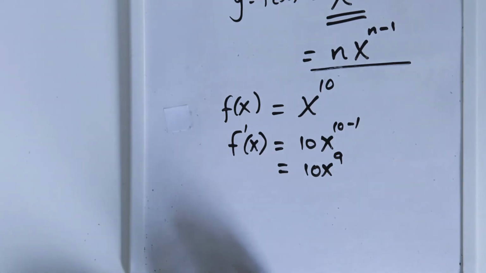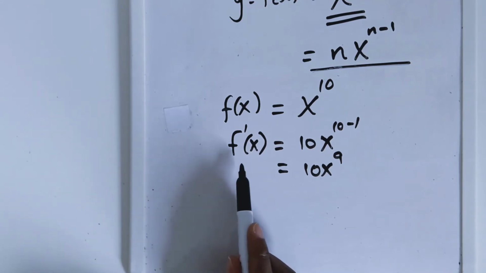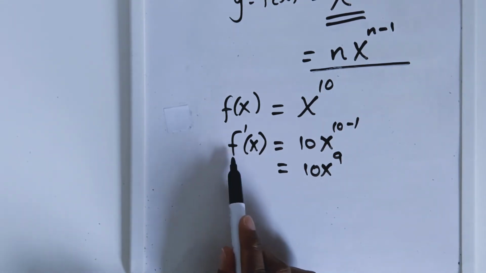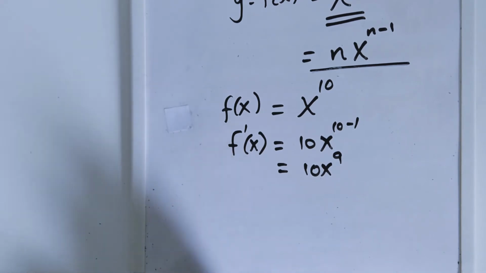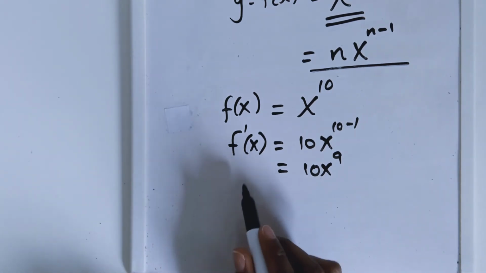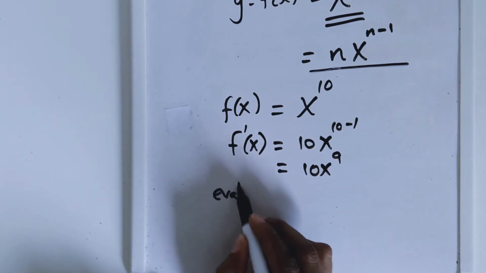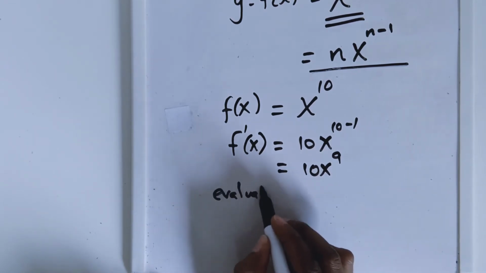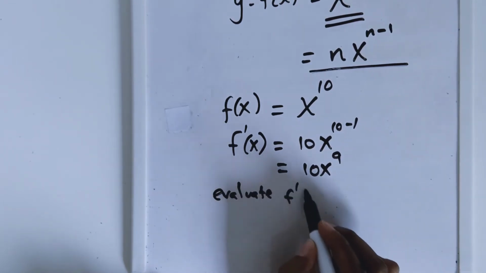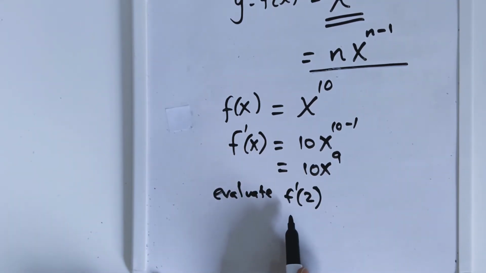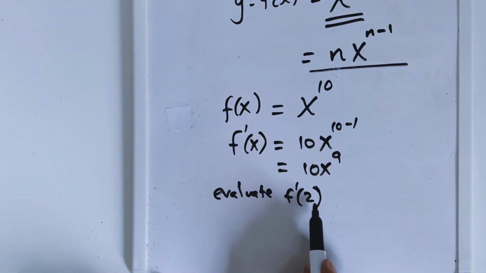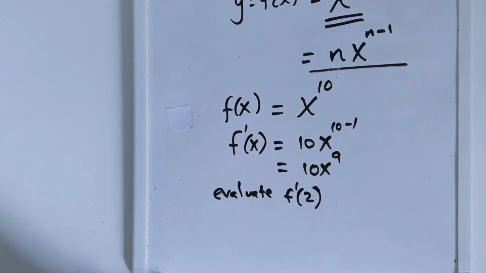Sometimes it is possible that you are told to evaluate the derivative function, the derivative of the function you found, at a given point. Say, for example, you are told evaluate f prime of x at 2. What this means, you have to substitute, wherever you have x, you have to substitute with 2.